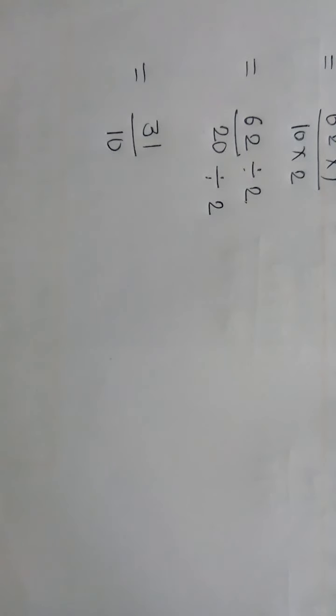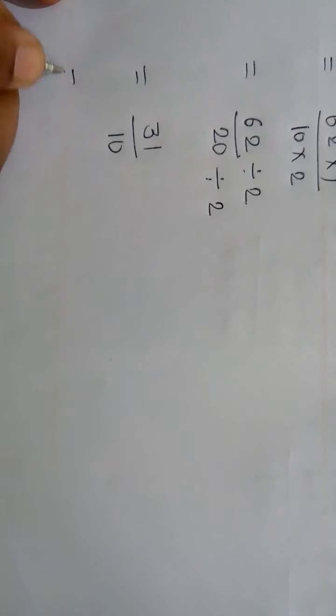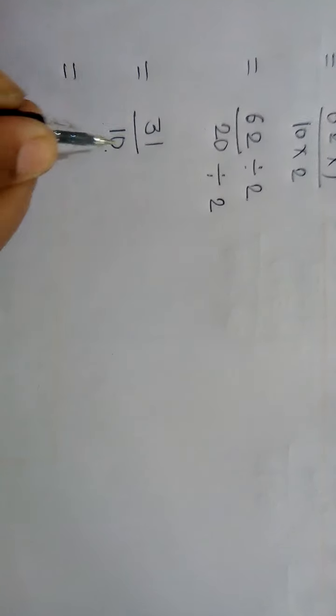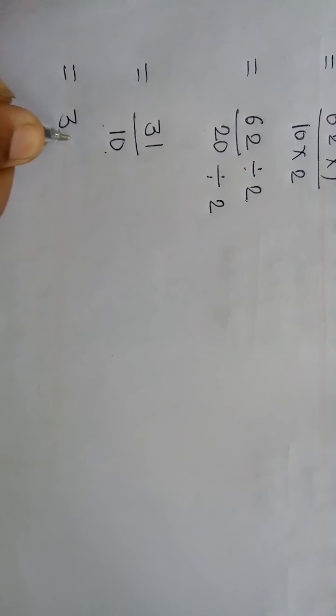So here our common fraction is 31 upon 10. Now we can write it in decimal form. How will we write it? Here in the denominator 10, there is one zero. So while writing this we write 3.1, which means the decimal point will be placed one place from the right side. So it is 3.1. Got it?